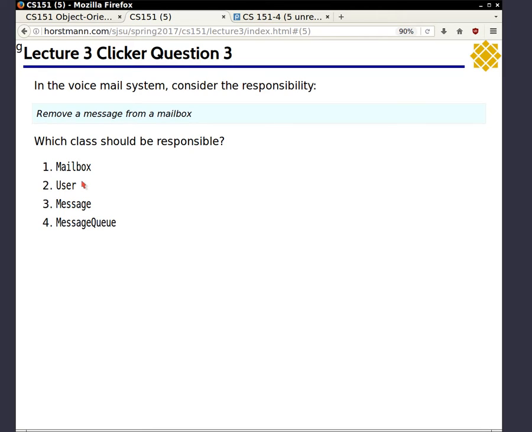The users don't store their own messages, so it would be difficult for them to be responsible for removing them. And in a message, it's always hard for an object to commit suicide, so it would be hard for it to do that. Now, the message queue, I would say that's a legitimate thing as well, right? The message queue contains messages. So it would be somewhere between the mailbox and the message queue, and then one would want to think about which of the two it is.